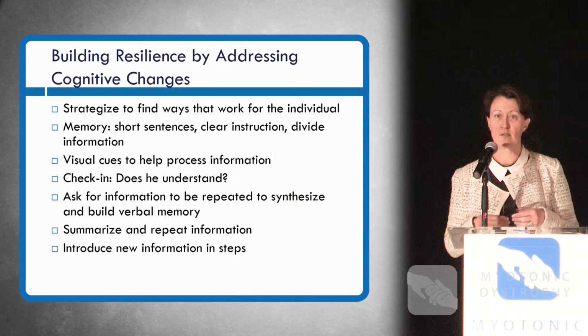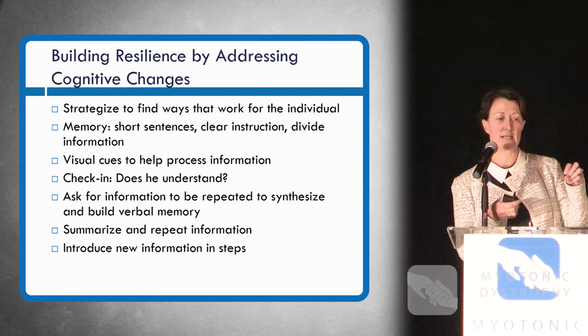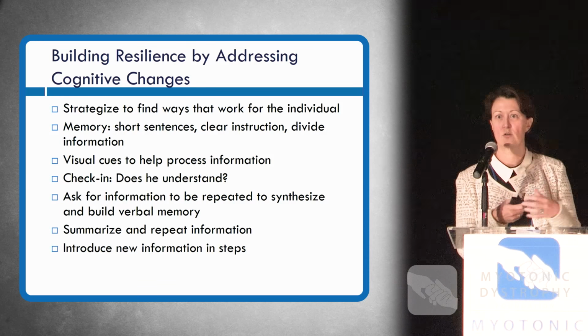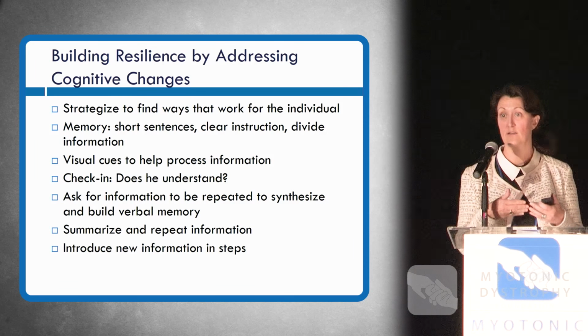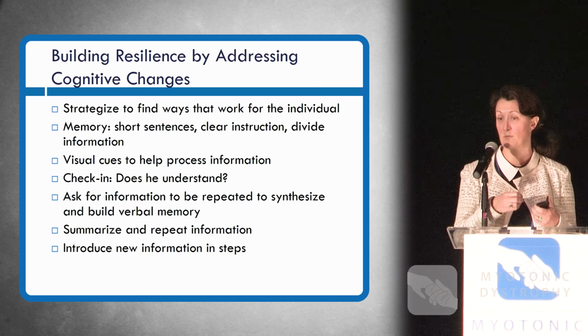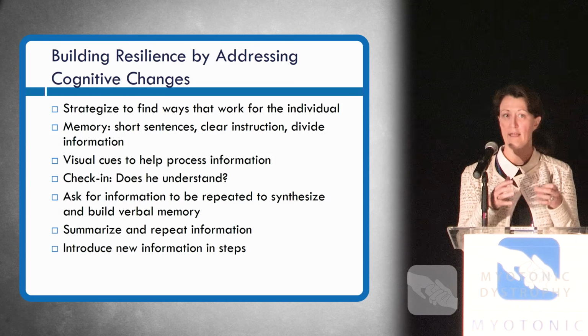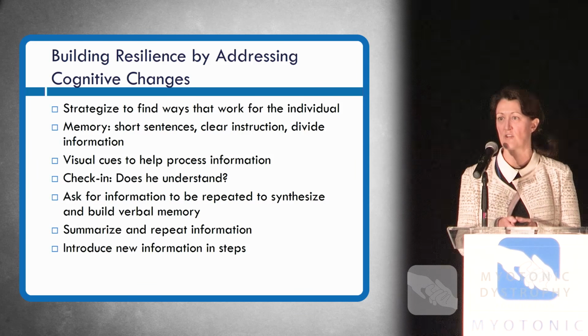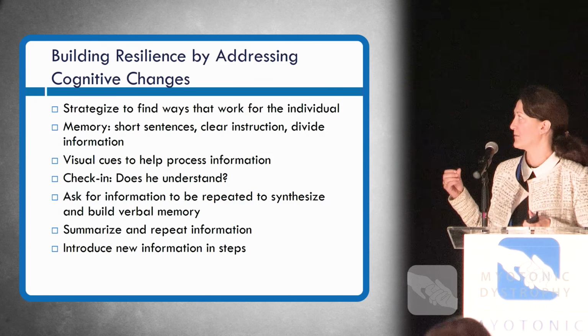So earlier, somebody was talking about helping his daughter get to school or get through school, and it was joining in. So that helps with that initiating and then breaking down information to little chunks that are manageable. So that's that dividing information.